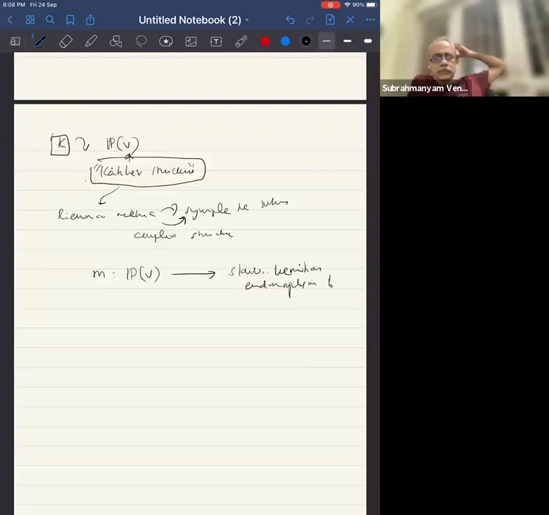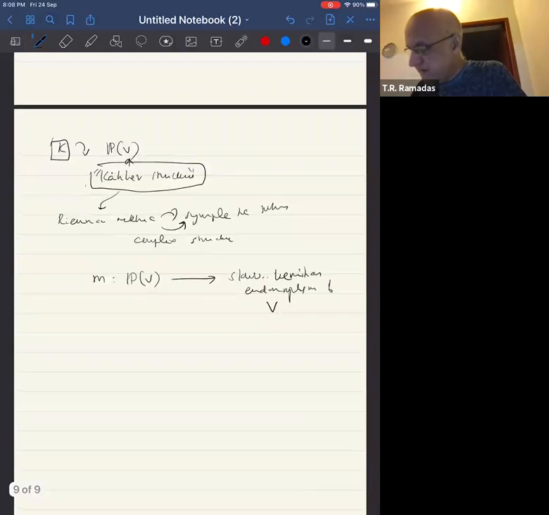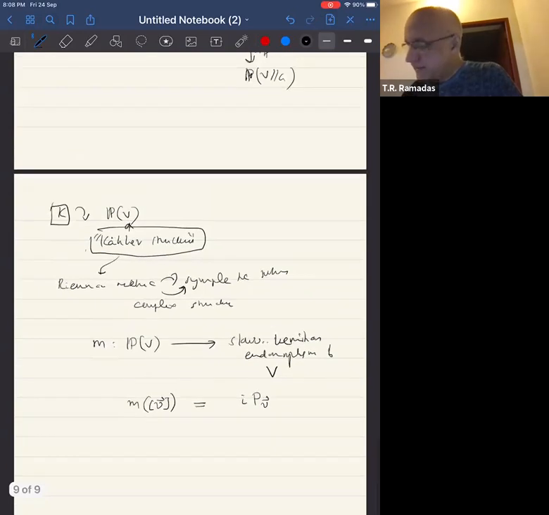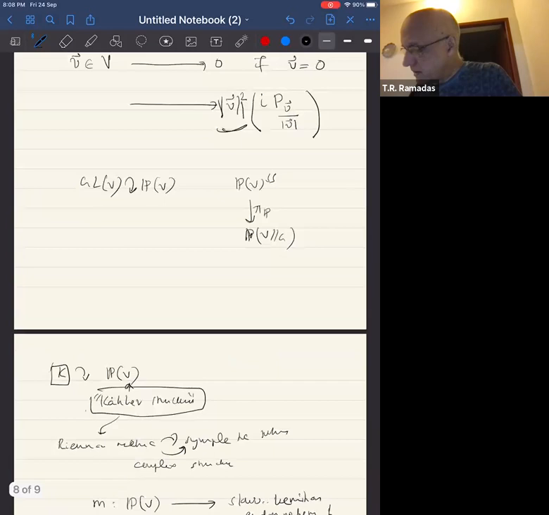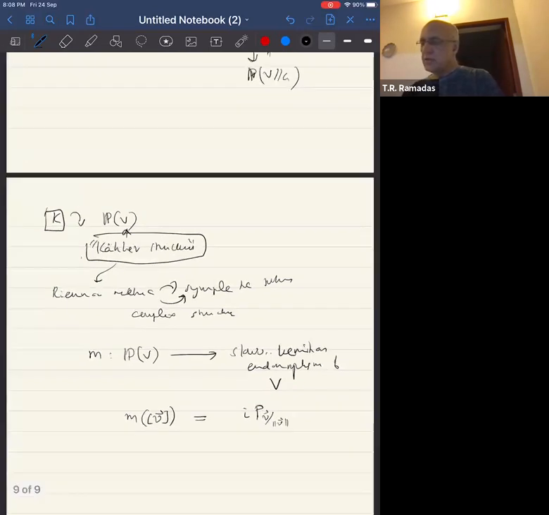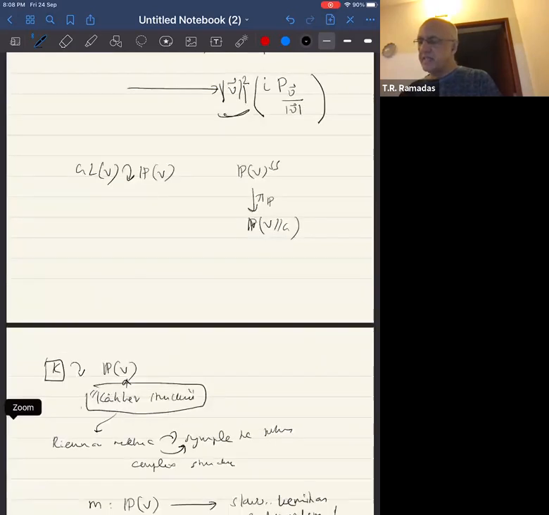And the fantastic thing is, the moment map M at a point [v] is actually i times the projection P_v. So look at the difference between this formula and the earlier formula. This was for the vector space, so I had this factor here.